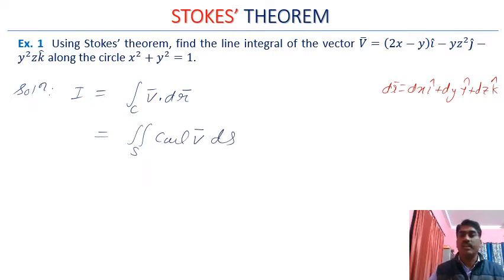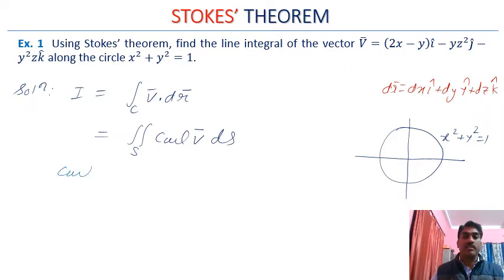Because this is a circle and lies in the xy plane, the region bounded by this circle is S, and the bounding curve is the circle itself. So just find the curl. What is the curl of v? I hope you can find the curl very easily because we have already learned these things in previous lectures.